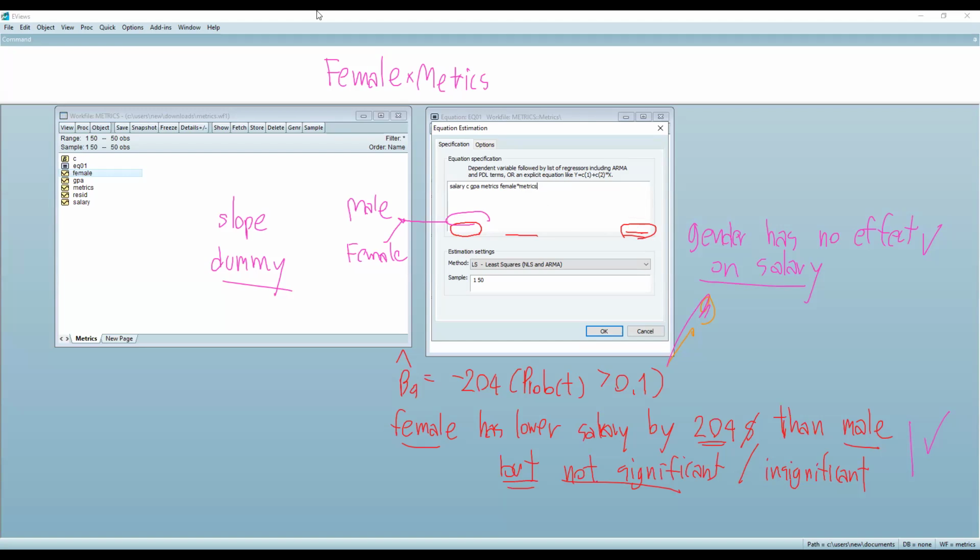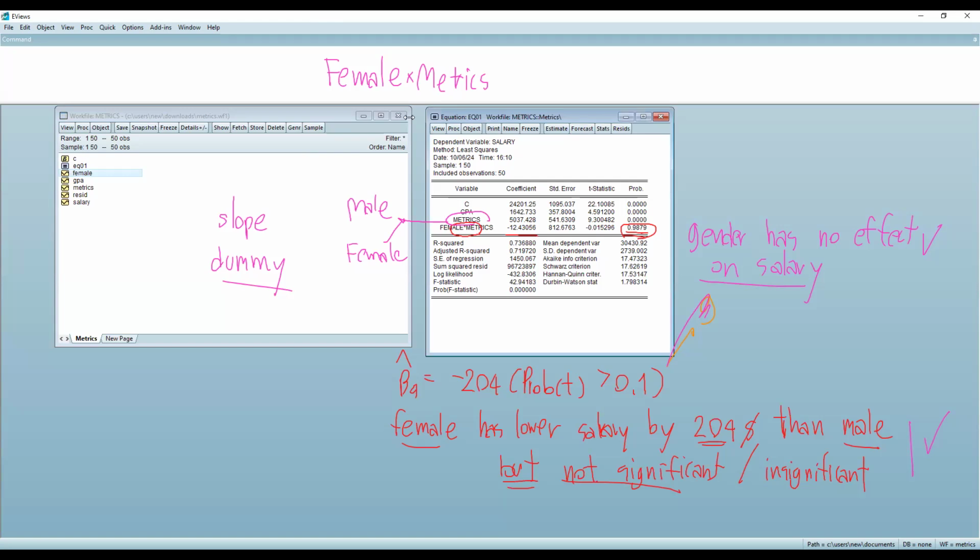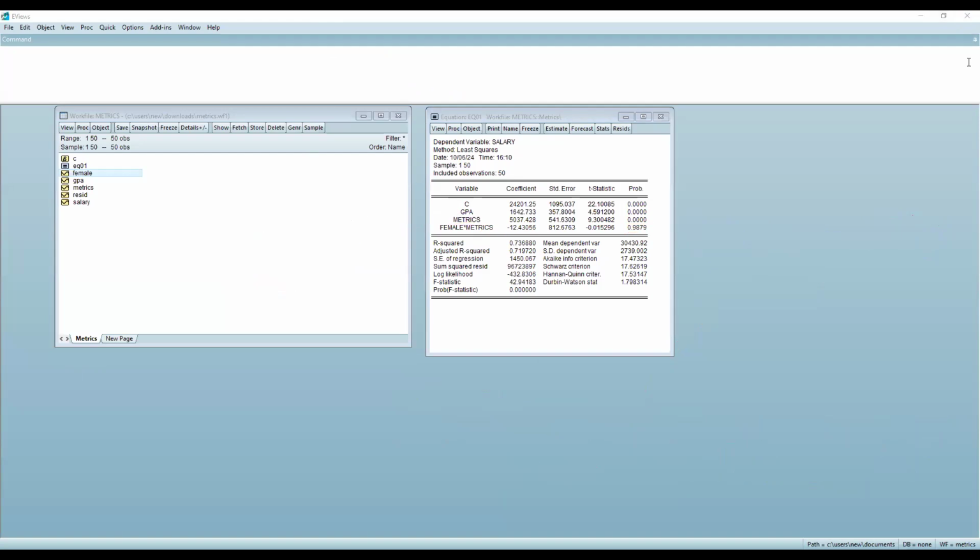Okay, so how was the result? Let's try to interpret this one again.